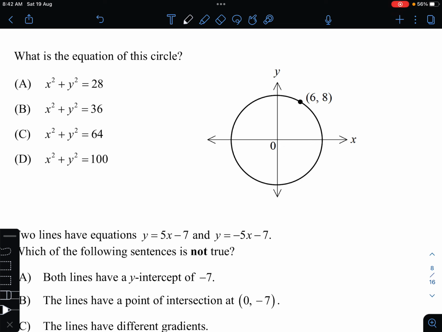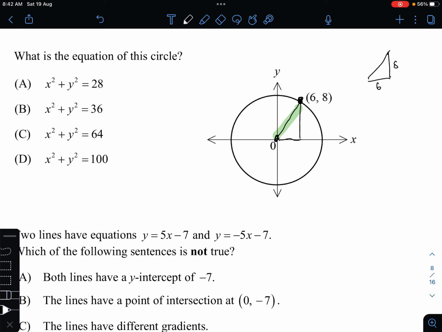Basically, we know this point here is 6, 8, and this point here is 0, 0. So we can use the distance formula to find this length, which is the radius, right? Because it's moving from the middle to the outside. The simplest way to do this is just draw a triangle.